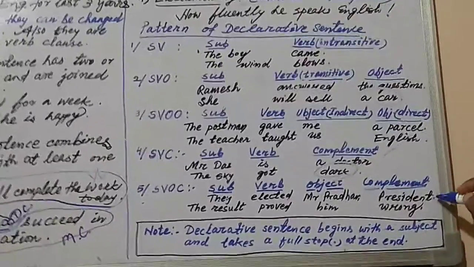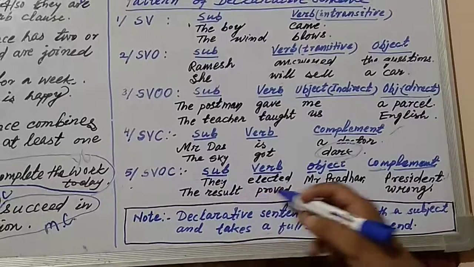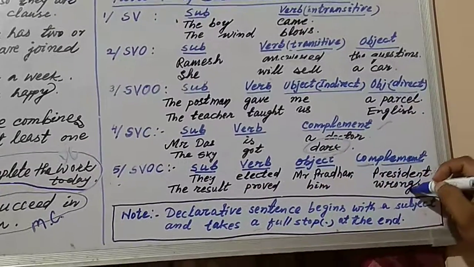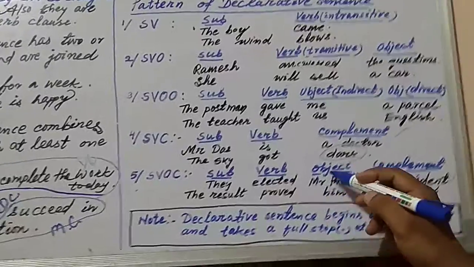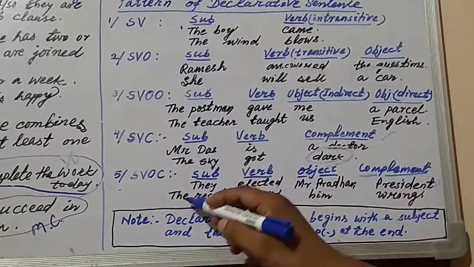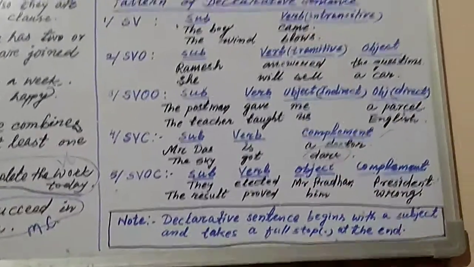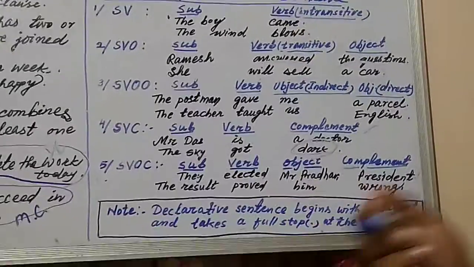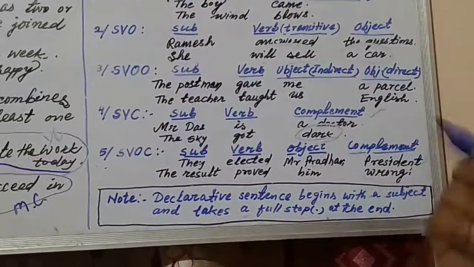What elected? They elected president. So president is complement. Likewise, the result proved him wrong. You see here, the result is subject, proved is verb, object here him. But if we leave here, the result proved him what? That means there is something left. So what is that? That is wrong. This word is complement. Okay?